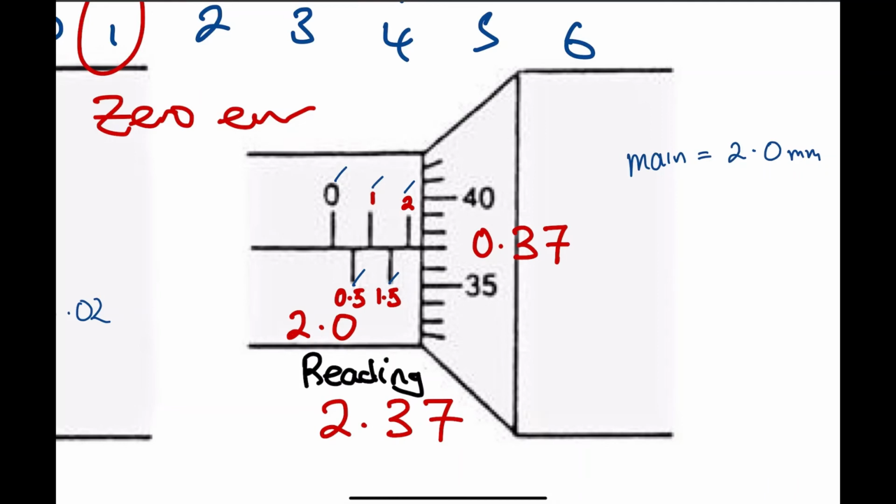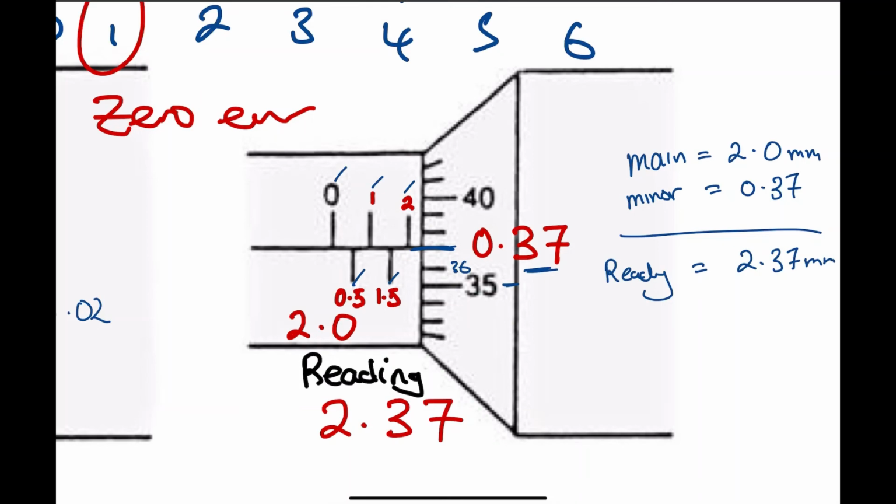Now I need to find my minor. It is the number that coincides down here. This is equal to 0.37, 35, 36, 37, 0.37. So therefore the reading is equal to 2.37 mm.